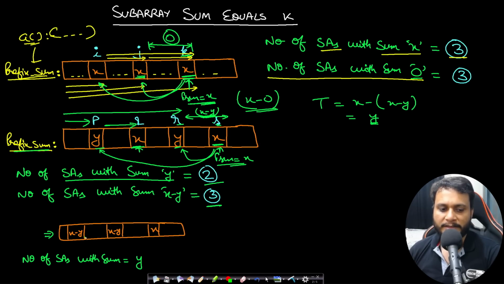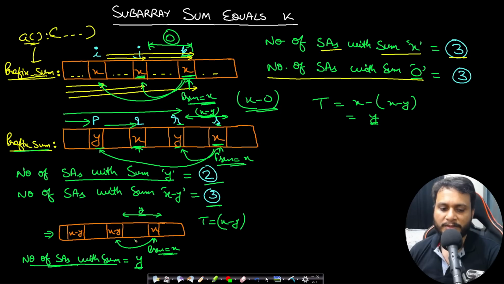If you look at this third example, here I have given the number of subarrays with sum equals to y. So let's say this is your prefix sum which is equal to x, then you want to find how many subarrays are there on the left side so that the sum is equal to y. So that means your target sum on the left side in the prefix sum should be equal to my current sum x minus whatever is your goal to achieve, which is y.